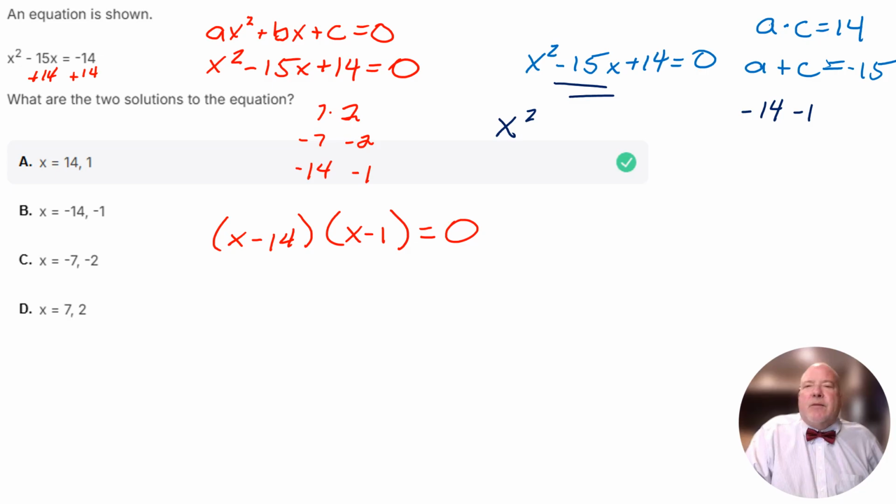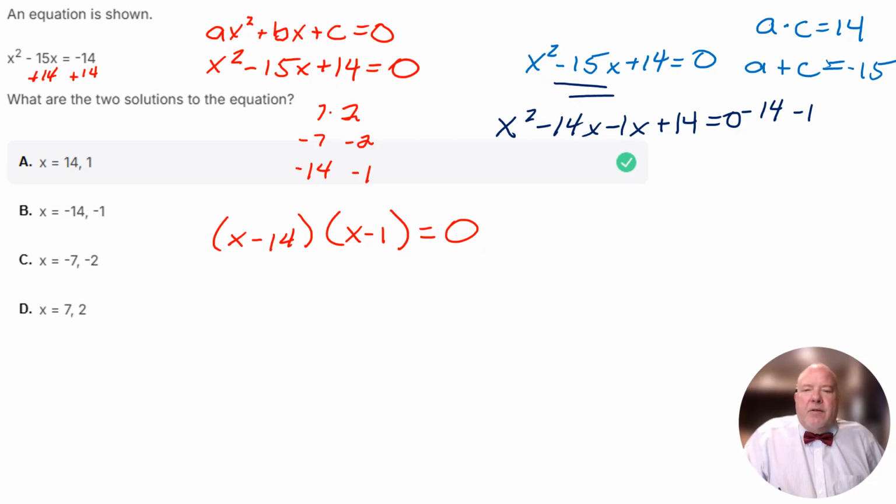So I have the x squared, and then the negative 15x I'm going to split into minus 14x minus 1x, and then the plus 14 equals 0. All I did was take the negative 15x and split it into negative 14x minus 1x because that's equivalent. This method is called grouping.